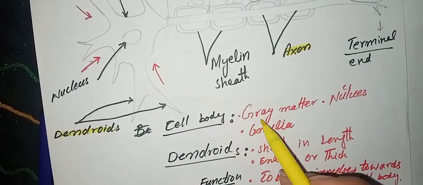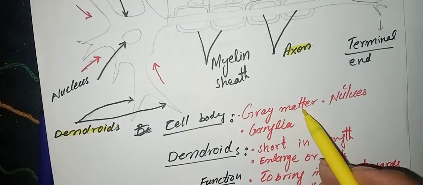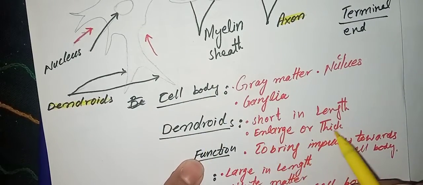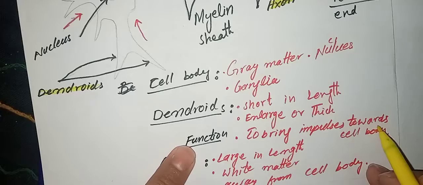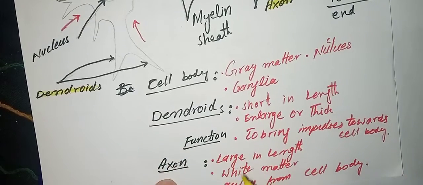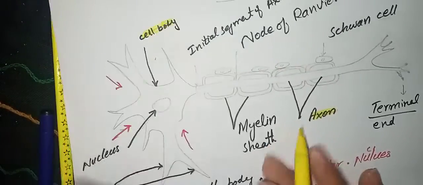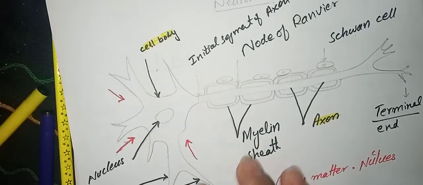The cell body contains gray matter, nucleus and ganglia. Dendrites are short in length, large or thick, and they bring the message towards the cell body. And the axon is large or long in length, consists of white matter, and takes messages away from the cell body.